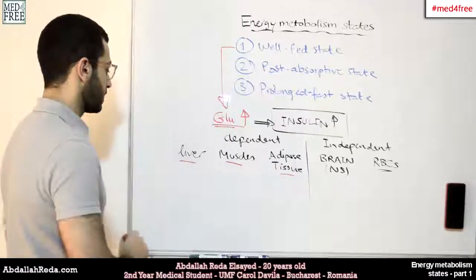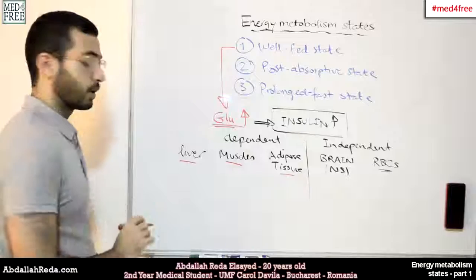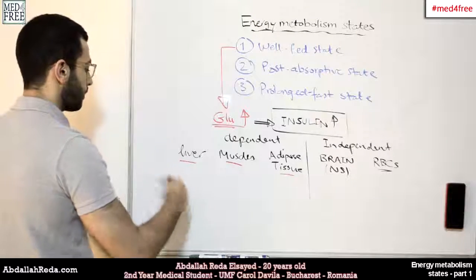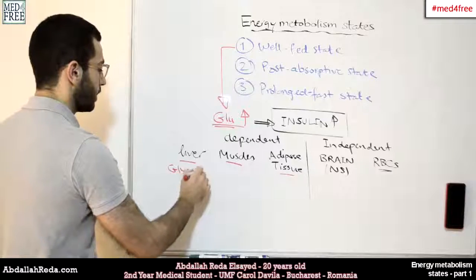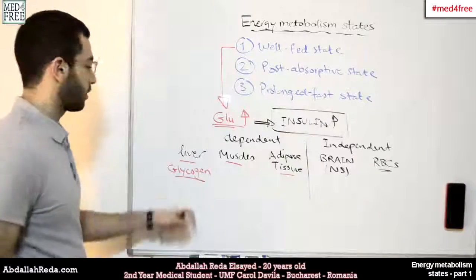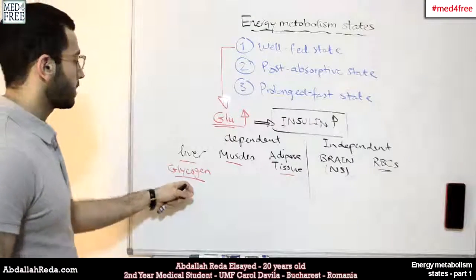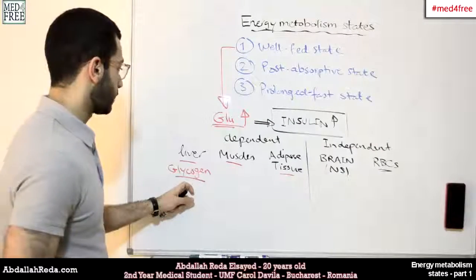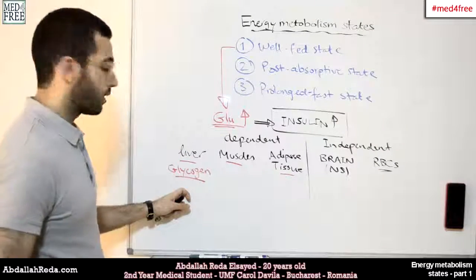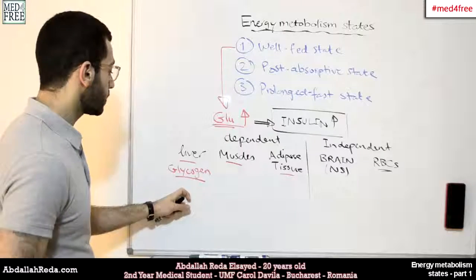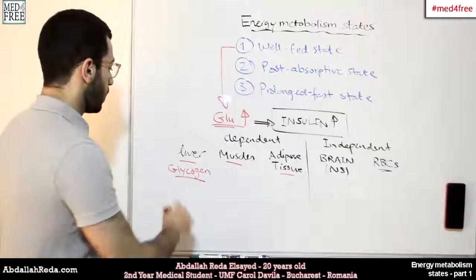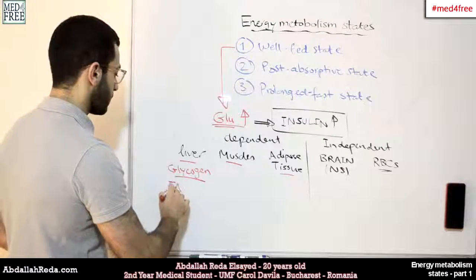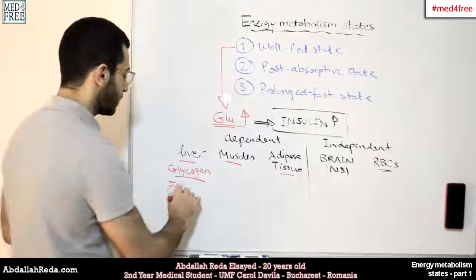For the liver, for example, insulin would trigger the synthesis of glycogen. Glycogen is the form of storage of glucose. So inside the liver we would have glycogen. Glucose would be transformed into glycogen, and then the excess glucose for the needs of the liver would be transformed into fatty acids and triglycerides.